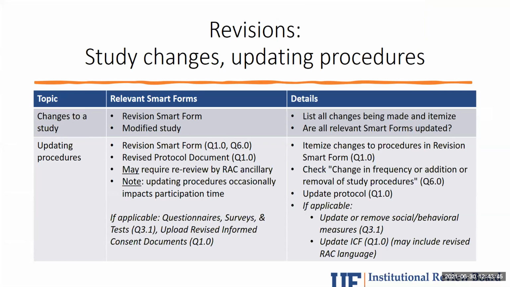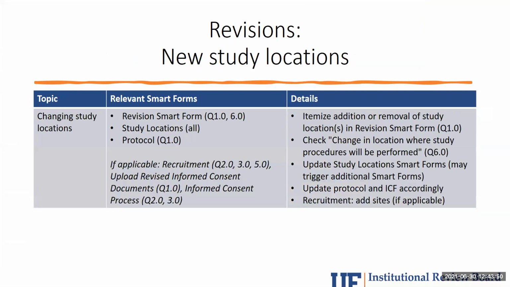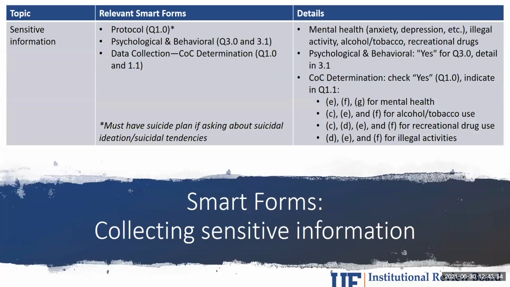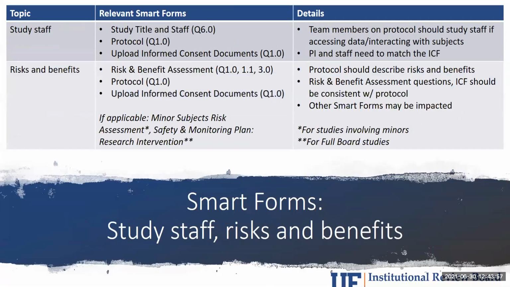Yeah, so before we move on to revisions, on the staff smart form page, to what extent do you list study personnel? So for instance, if you're doing a study that involves investigational drug service, on your delegation log, you may have your investigational pharmacists, but they're not listed on your IRB smart forms.